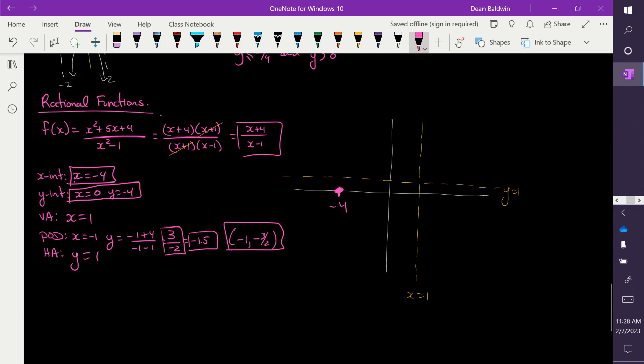Y-intercept was negative 4 as well. So there. What else do we have? POD, negative 1 and negative 3 halves. Negative 1, negative 3 halves, say there. So there's a hole right there. I'm just marking points right now. Is that okay?